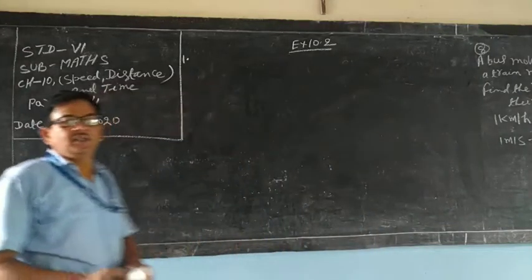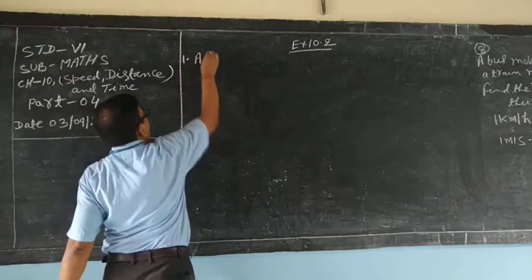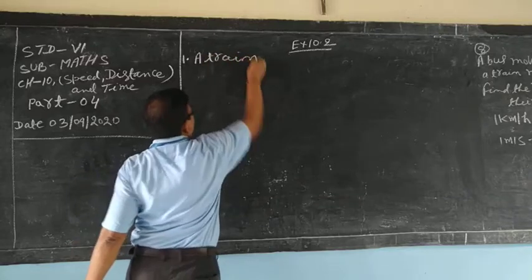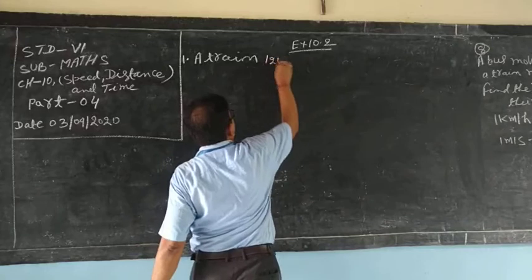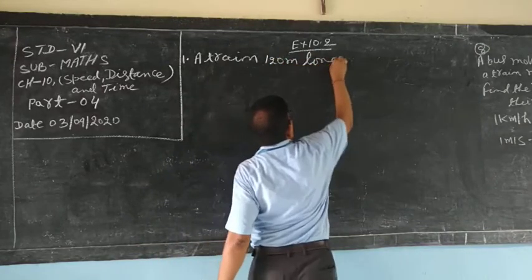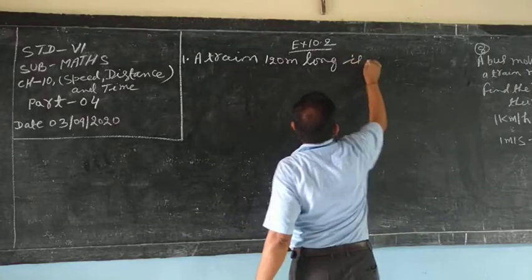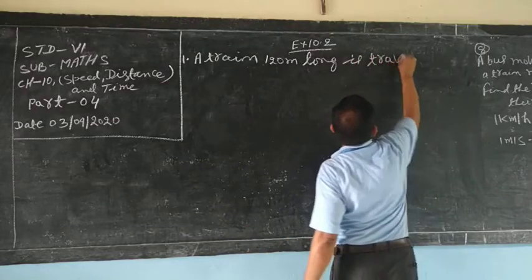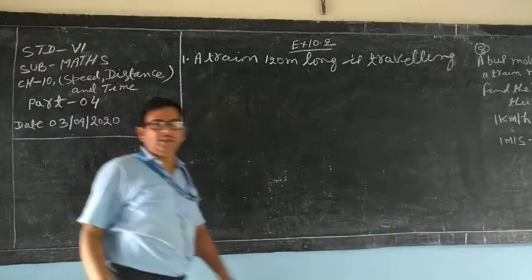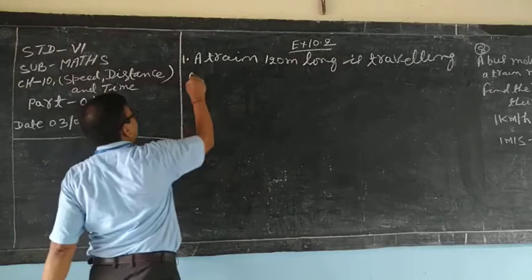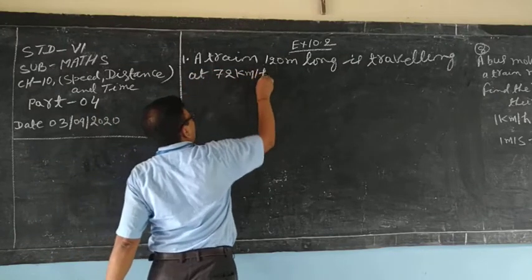A train whose length is 120 meter is traveling at 72 kilometer per hour.